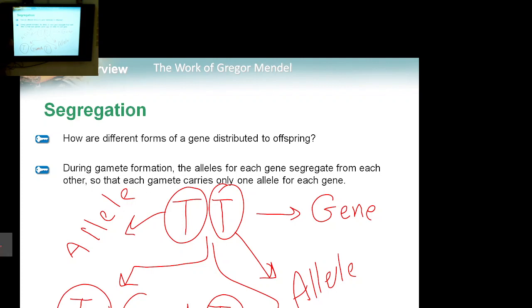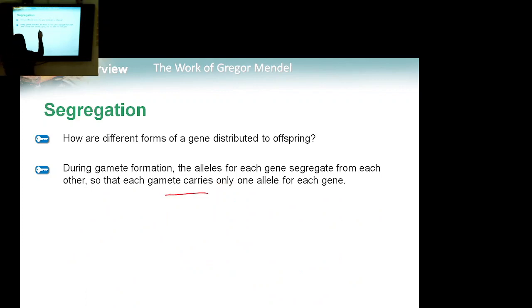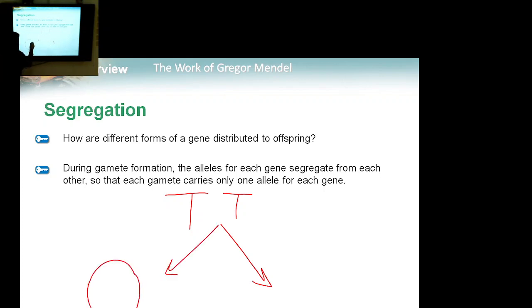Again, this is T capital, T capital. By the principle of segregation, we will form two gametes, each with one allele. Here we have two similar dominant alleles.